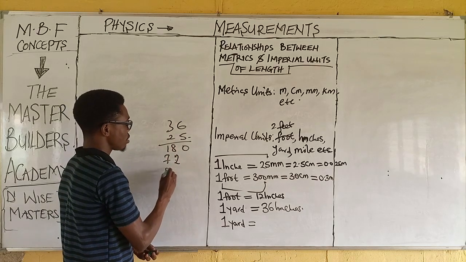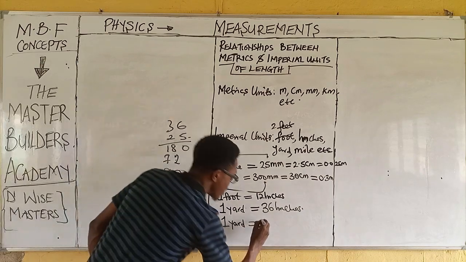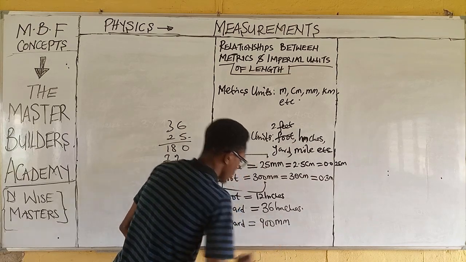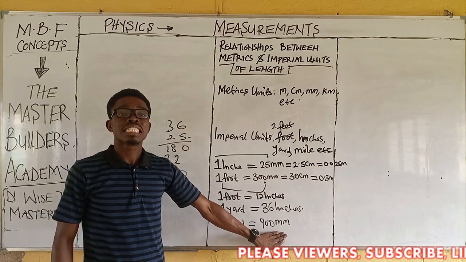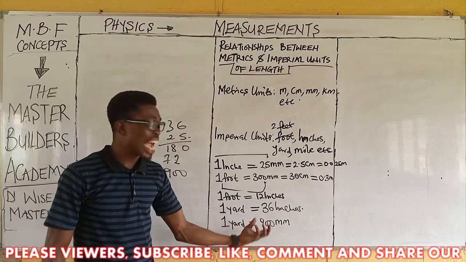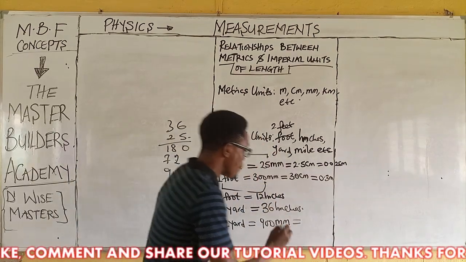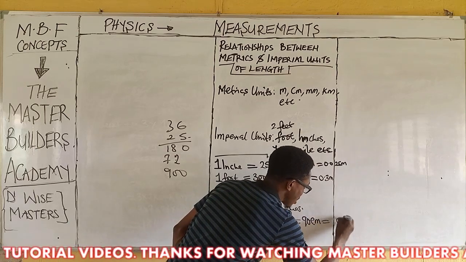So I have 900. So that means this is 900 millimeters. So 1 yard is equivalent to 900 millimeters, which is exactly the same thing as 90 cm, if I want to relate it with other metric units, or 0.9 meters.